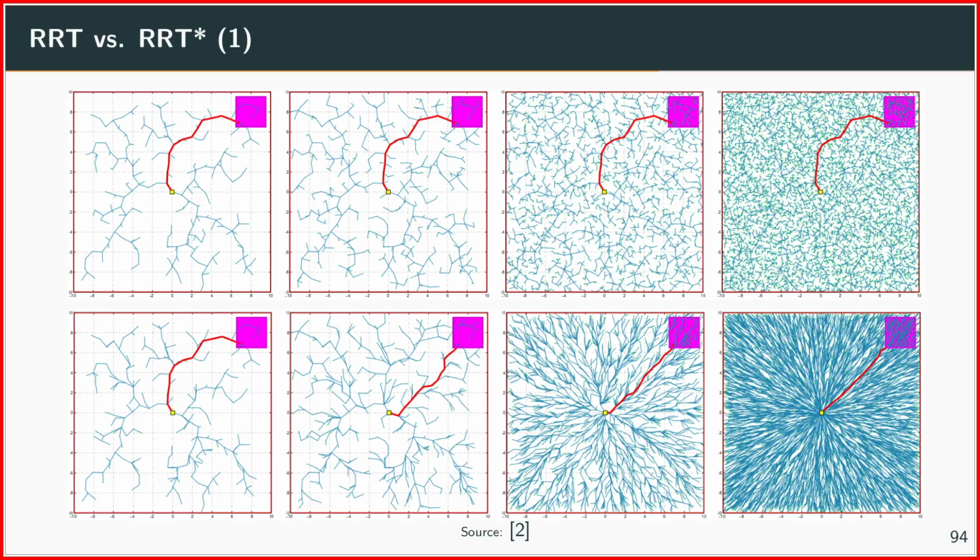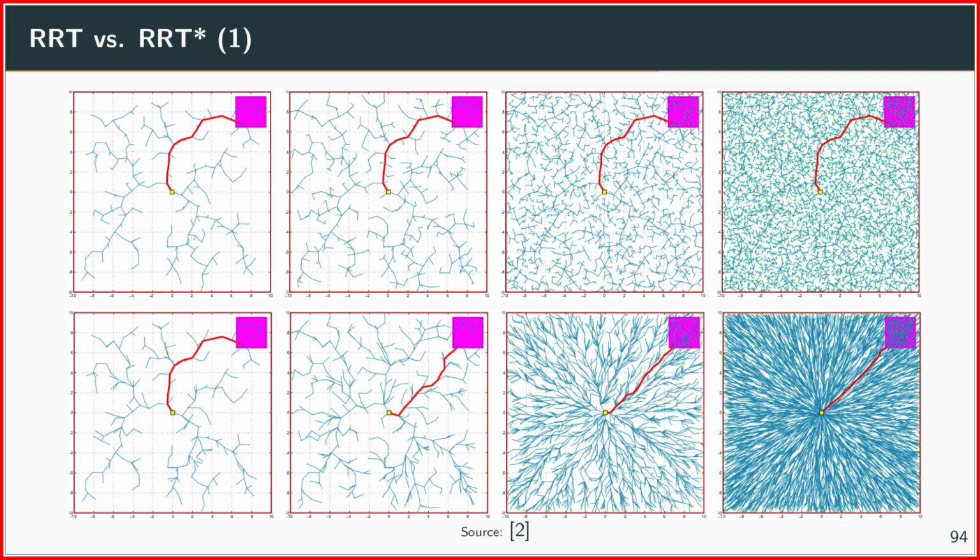But now, because we do this rewiring, over time the tree will always be restructured in such a way that it always shows you the shortest path to every configuration. And so through this rewiring, we also always find a new path, and the path is actually improving over time. You can see here, the more samples we find, the better our estimate of the global optimal solution becomes.